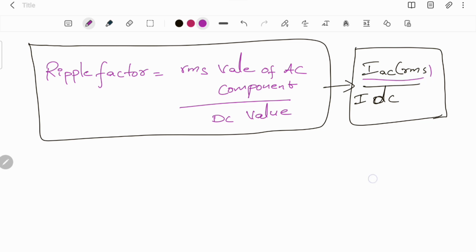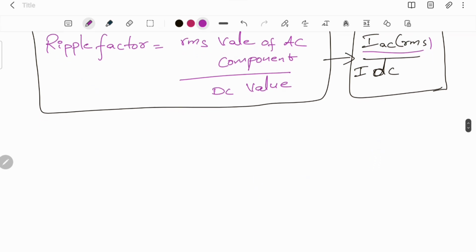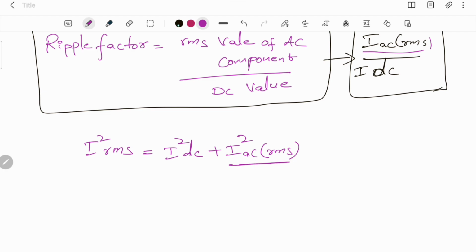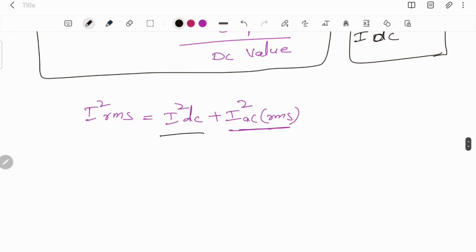So to find this, we know that I square RMS is equal to I square DC plus I square AC RMS. Okay, see, we have to find out this value, right? So bring this I square DC this side.